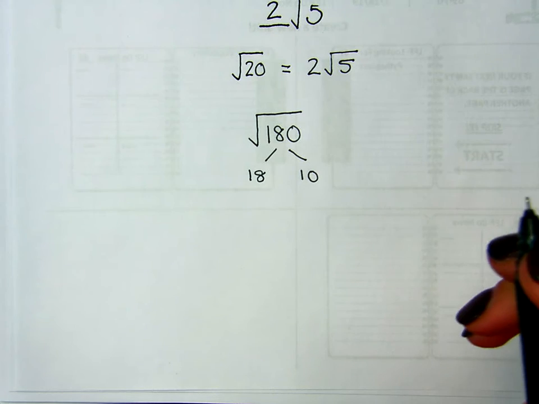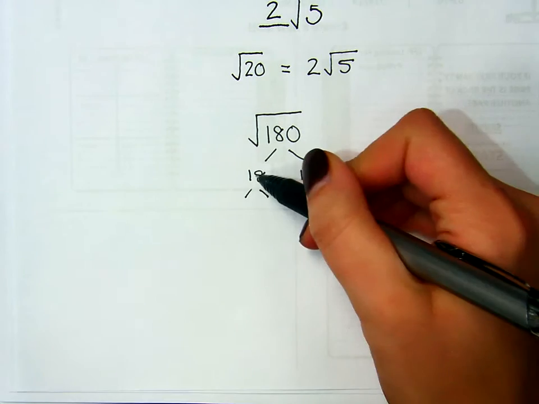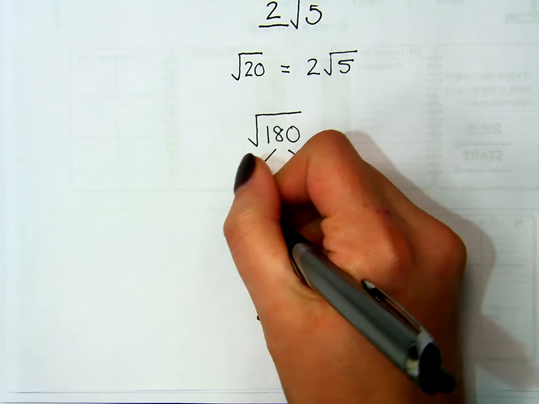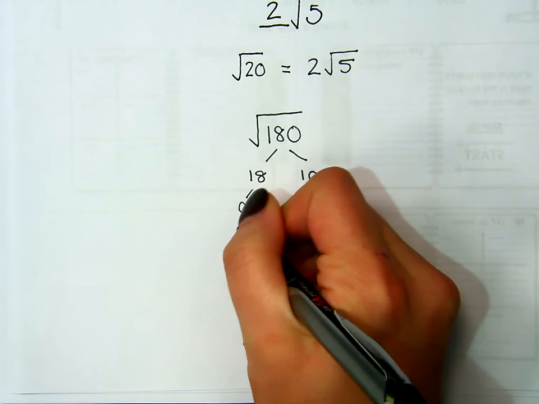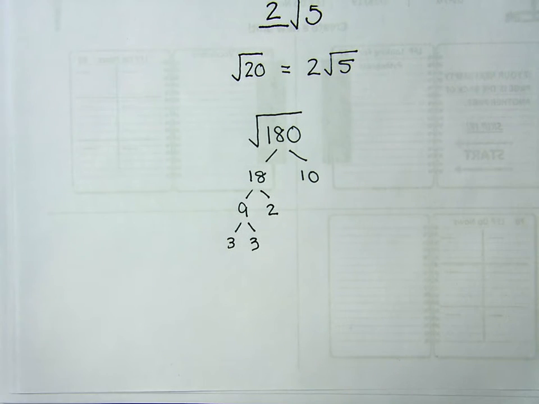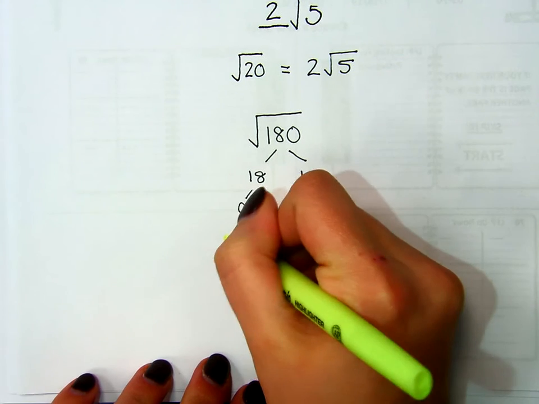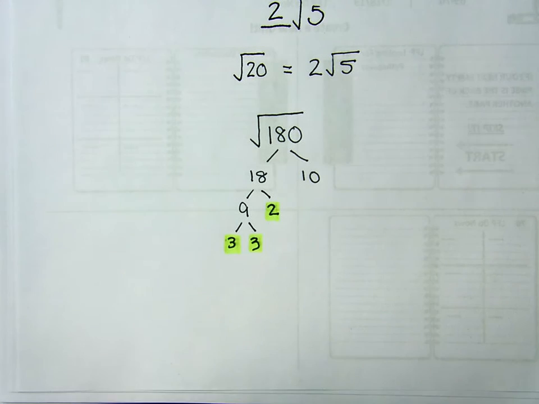Now I'm just going to break up anything I can as far as I can. So 18 can be broken up into 9 and 2, and 9 can be broken up into 3 and 3. So this is as far as I can go on this branch. I ended with 2 3's and a 2.